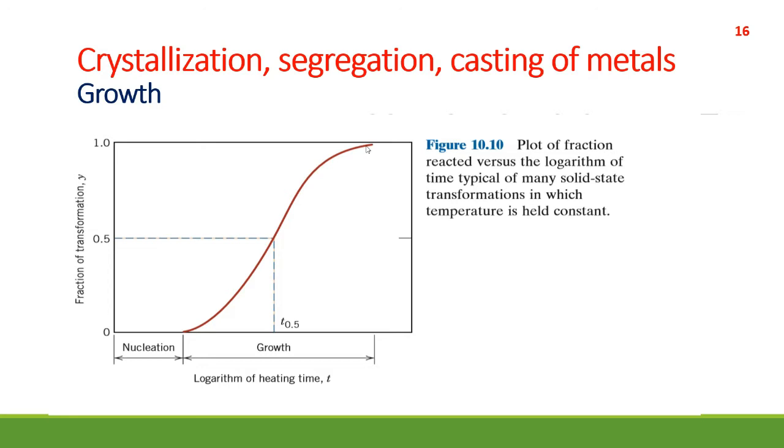So this is how the kinetics of the Avrami equation is explained. You have to understand that it will take some time for nucleation before the growth starts, then the growth starts slowly, then it reaches the highest position, and at some position the growth will be in a steady state.